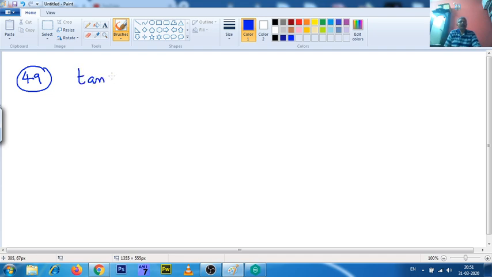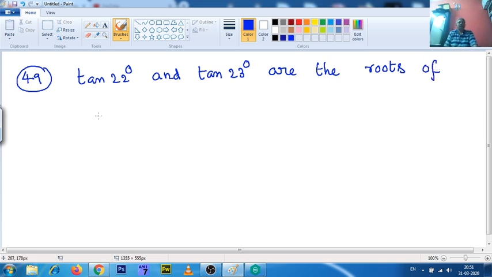Tan 22 degrees and tan 23 degrees are the roots of x square plus ax plus b equal to 0. Then, first option we have a plus b plus 1 is equal to 0.